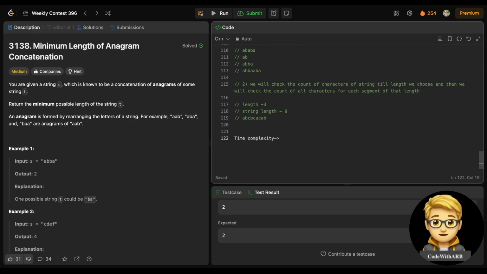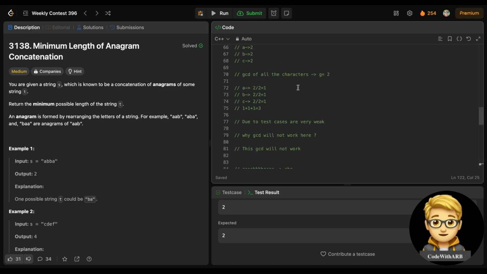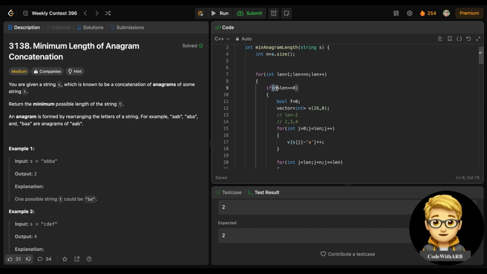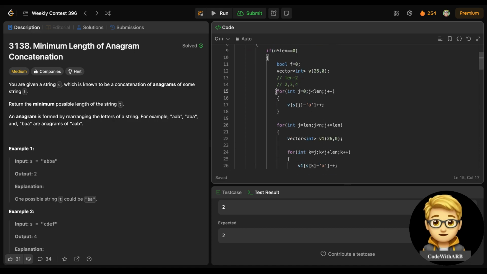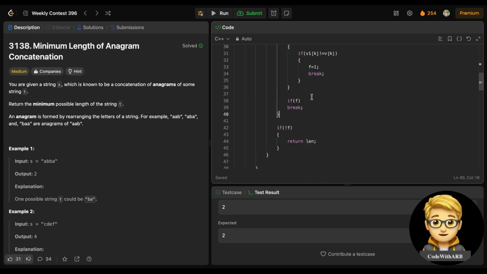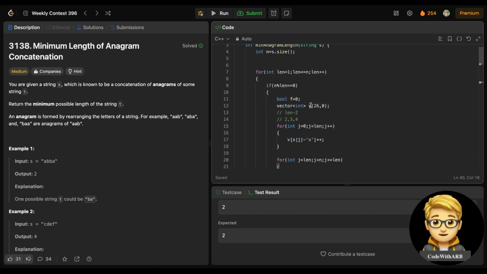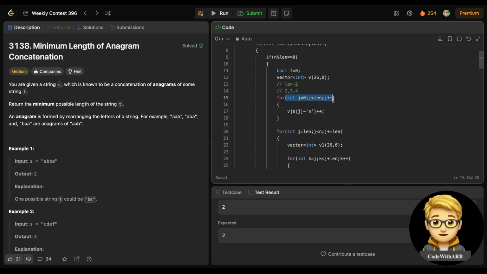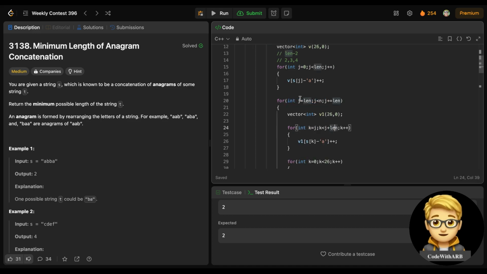So that will be square root of n, right? And for every square root of n, what we are doing, we are iterating the whole string, right? Because we are iterating for every length, first 0 to length, then j to j plus length, right?